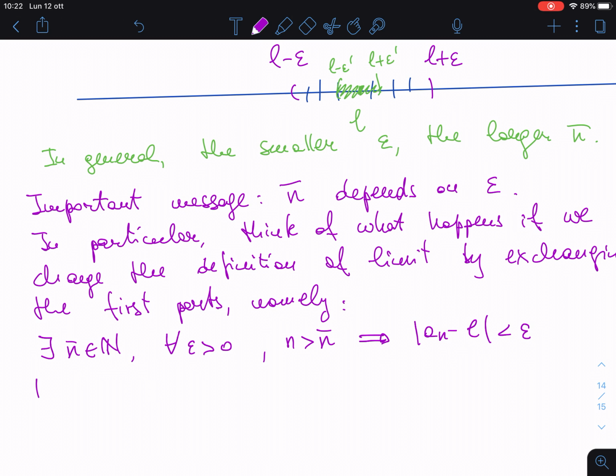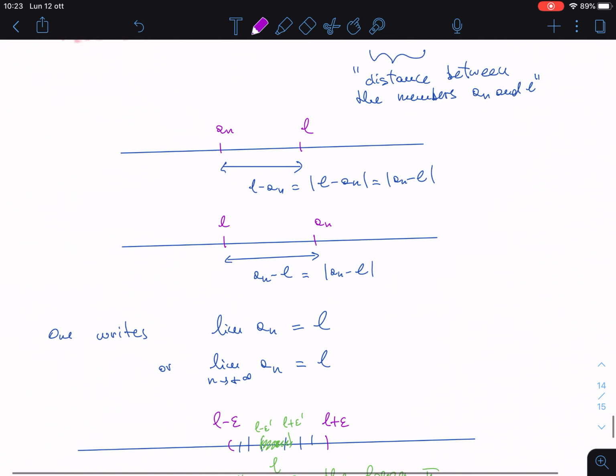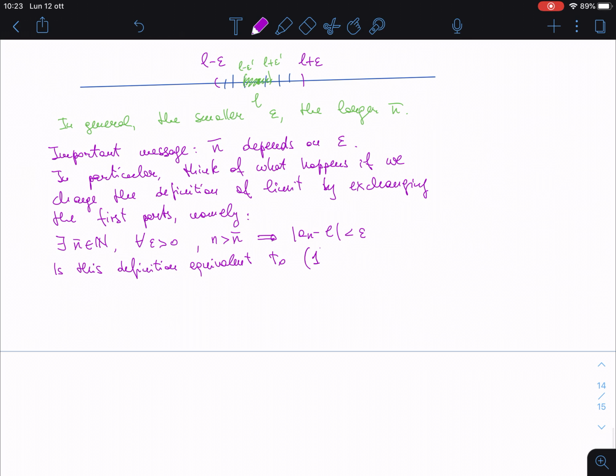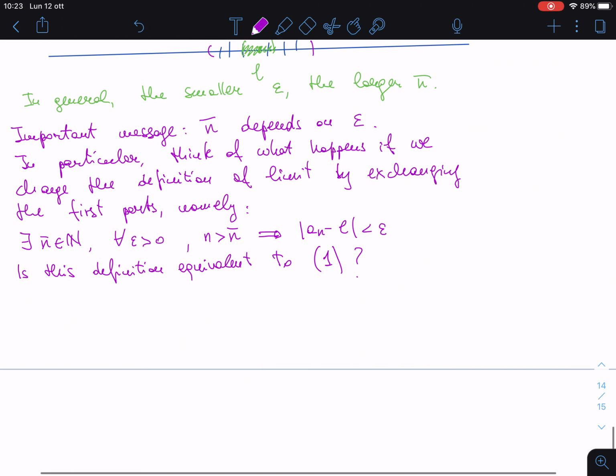So is this definition equivalent to the first one? This is the question, and if not, why? Think of it, we can discuss tomorrow. I want you to understand very well this definition. Okay?